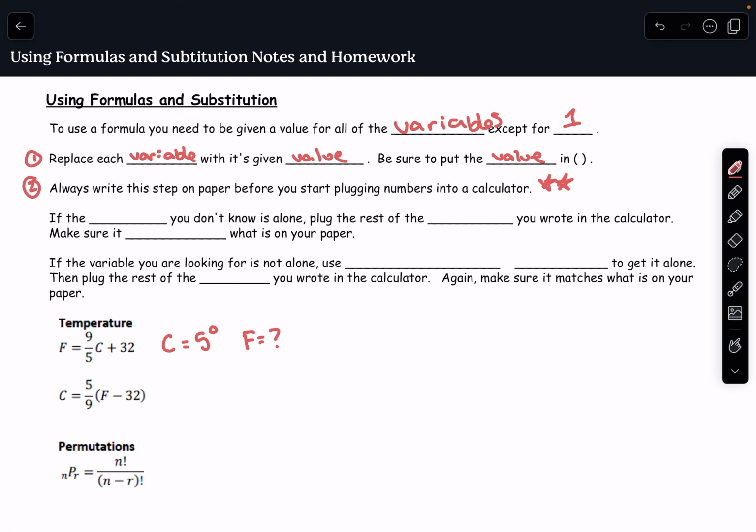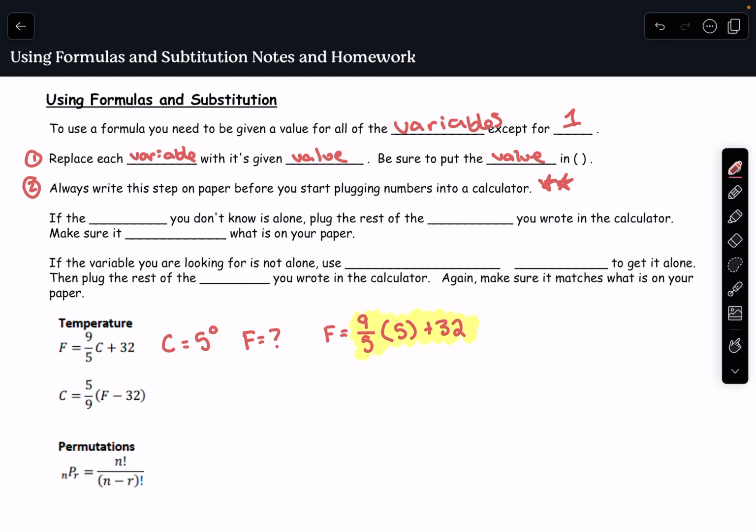So I'm going to replace the C with a 5, and I end up with F equals 9 divided by 5, parenthesis 5, plus 32. So when I replace the C, I put that number in a parenthesis. You are going to do that every time you substitute because after that, a lot of the times, all we have to do is plug in this side to the calculator.